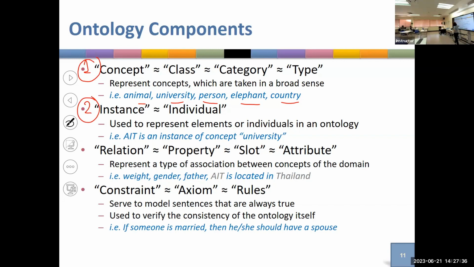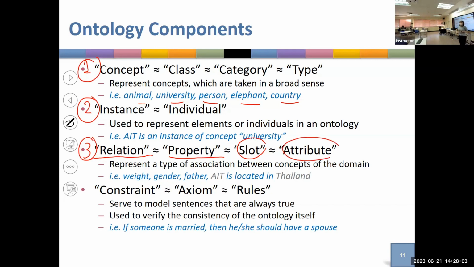And the next component, you already defined, right? In RDF schema, a class may have properties or relationships with other classes. Sometimes in other theories, they may use the term slot, the same thing, or attribute.